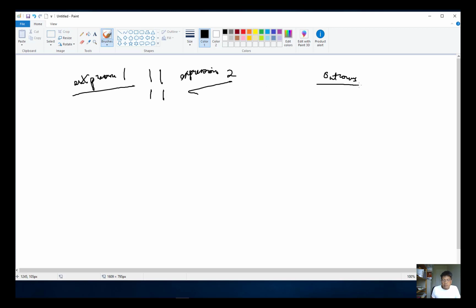And what's important is what the outcome is. What do both of these evaluate to? If the first expression is true and the second expression is true, you get a true outcome. If your first expression is true and your second expression is false, you get a true outcome.